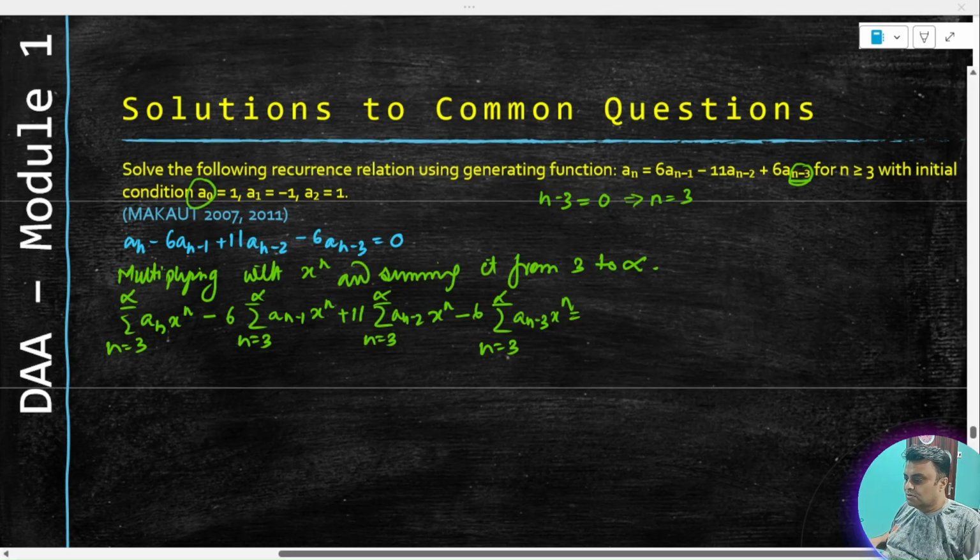What I did was just multiply by x to the power of n and sum from 3 to infinity.